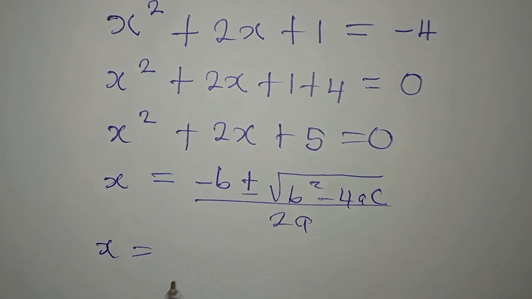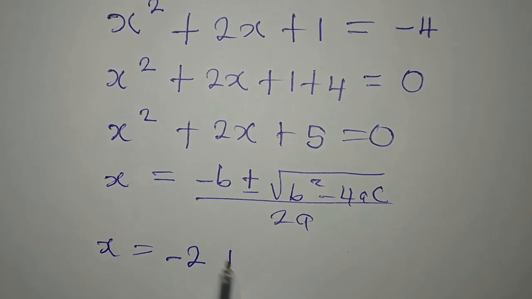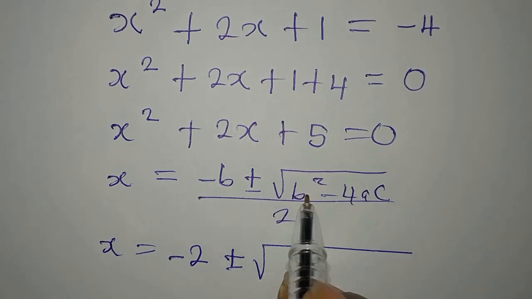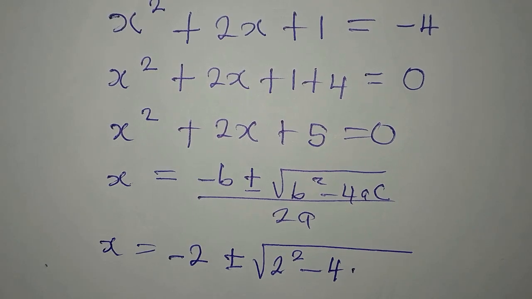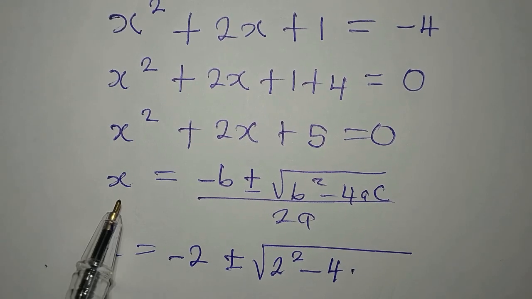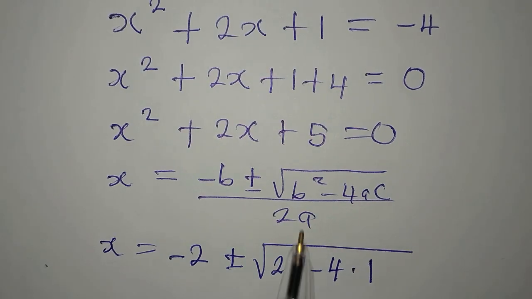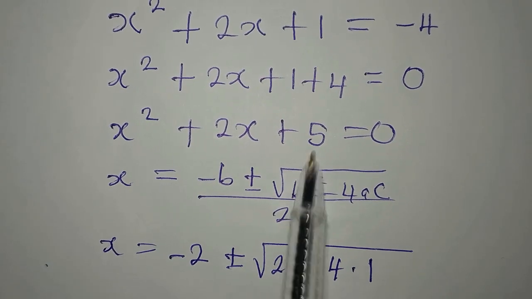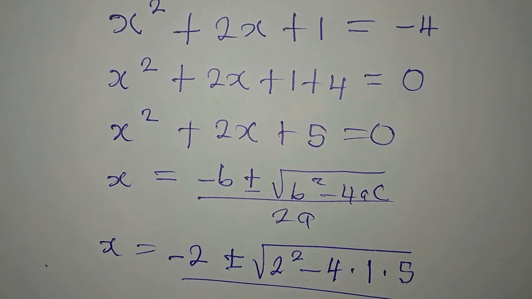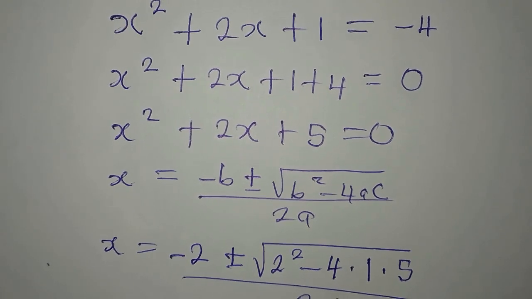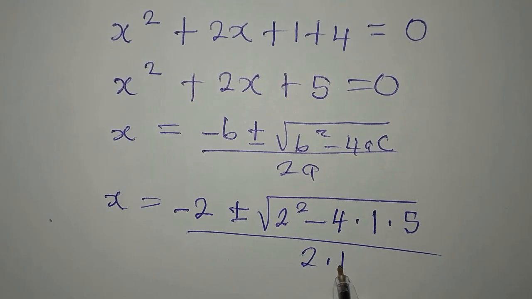So we write minus 2 plus or minus 2 squared, then minus 4 times a. A is the coefficient of x squared, and that is 1, so we write 1. C is the constant, and that is 5, so we write times 5 here. Then divide this by 2 times a, and our a is 1, so we write 2 times 1.